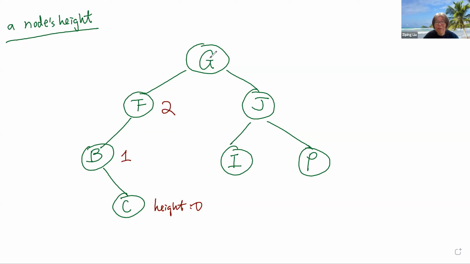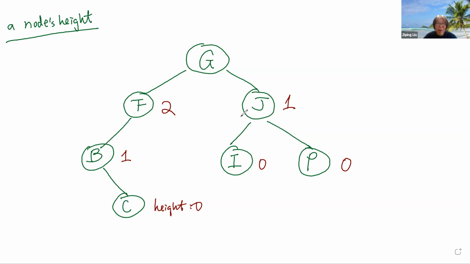Node I is a leaf node, so height is 0. And P is a leaf node, so height is 0. And J can go to 2 leaves, but the paths have the same length, so the height is 1.